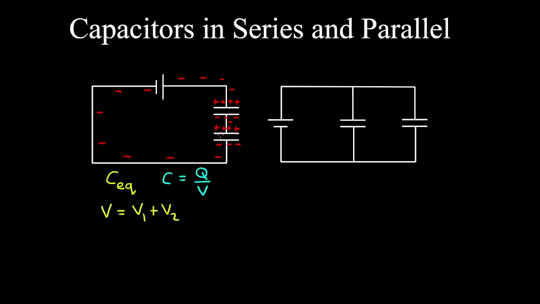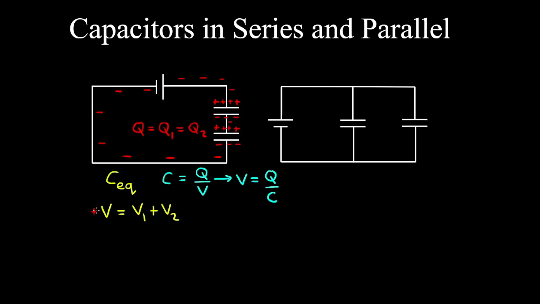So by the conservation of charge, each capacitor in series is going to have the same charge on their plates. So we have Q1 is equal to Q2. So from the capacitance, we can write the voltage as the charge over the capacitance.